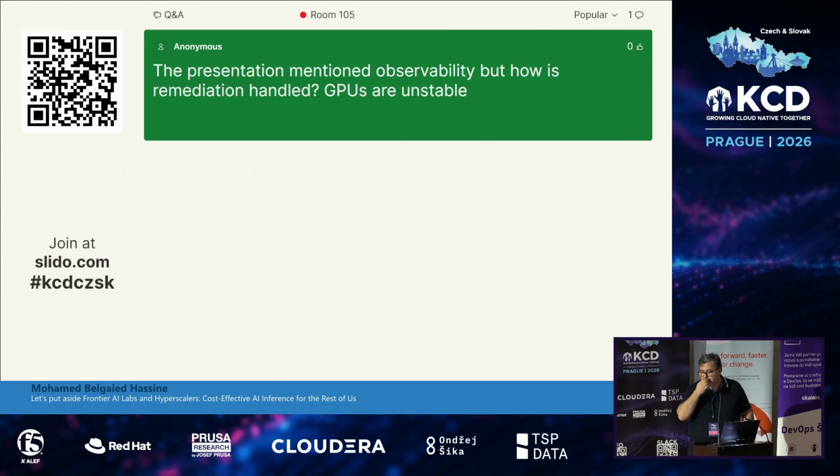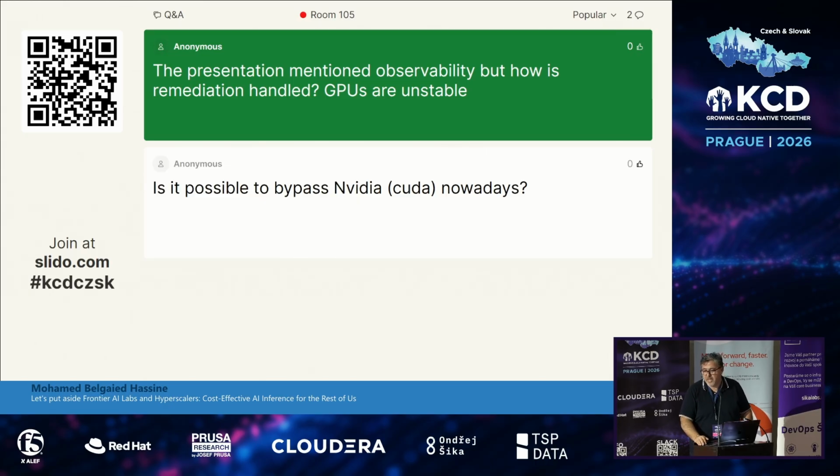So the presentation mentioned observability, but how is remediation handled? GPUs are unstable. You mean if you see errors in GPUs? The GPU exporters will show you the metrics on GPUs as if they were normal CPUs: load, state, memory state, and this kind of thing.